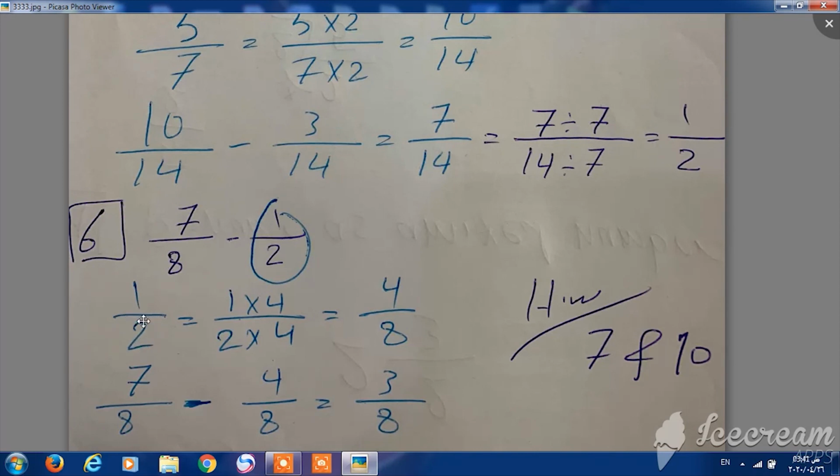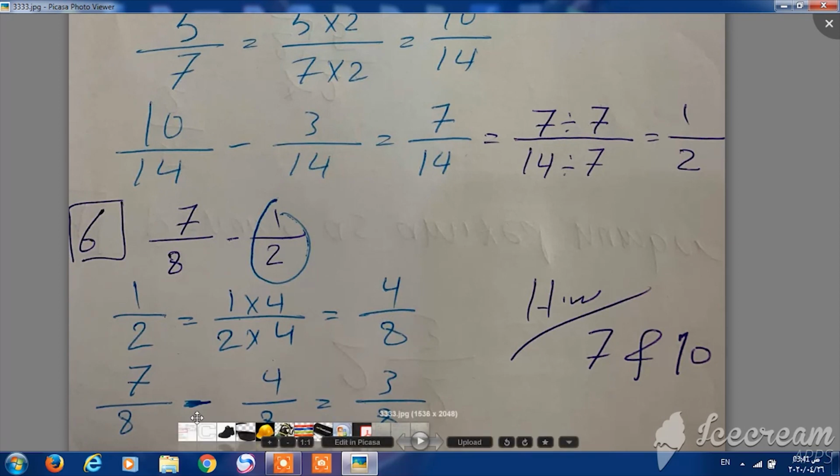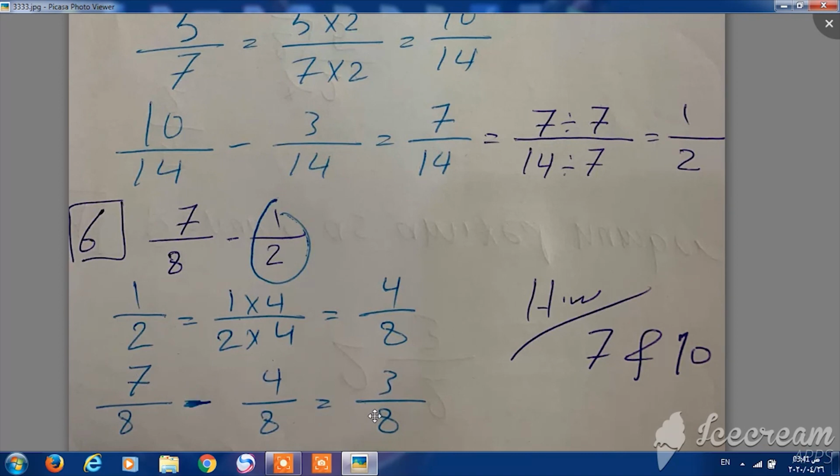When you multiply 2, you must multiply 1 also. Okay, 1 multiplied by 4 equals 4, and 2 multiplied by 4 equals 8. We get 4 over 8. We put it in the place of 1 over 2. Okay, and we subtract them. 7 minus 4 is 3, and you keep 8, you get 3 over 8.